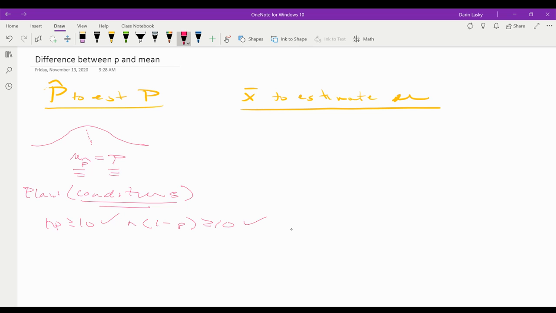You also have to show that the population is 10 times bigger than the sample.